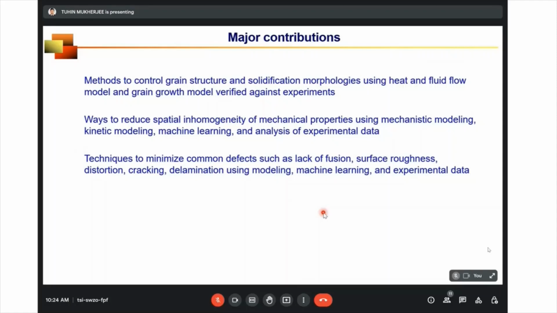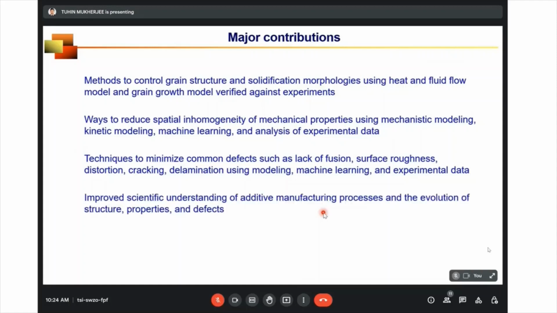But the most important thing is that this can provide us improved scientific understanding of an emerging process, and of the evolution of structure, properties, and defects that cannot be obtained easily and economically in any other way.